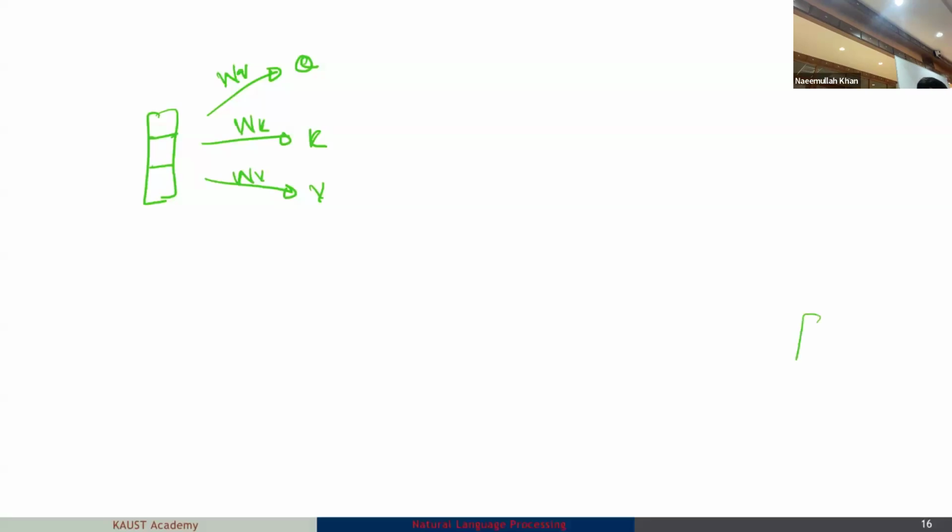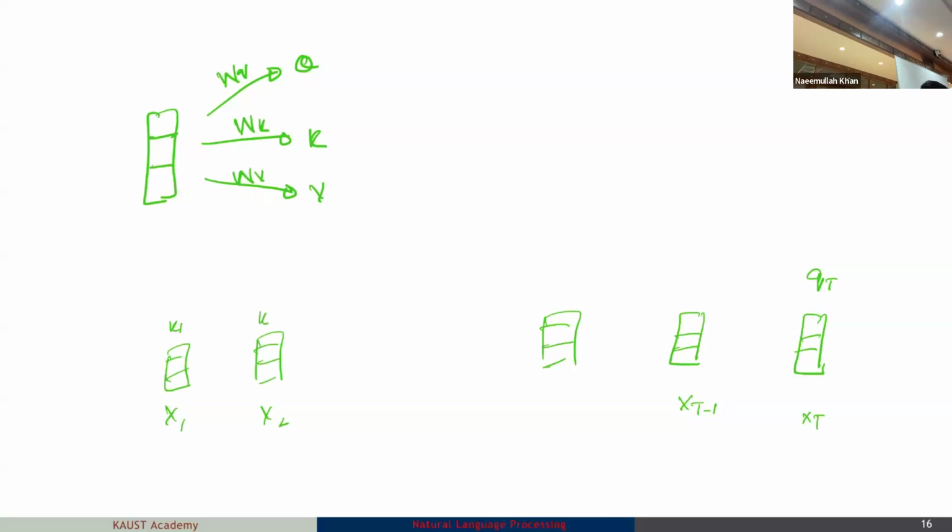So if I want to attend from time t to all previous times, what I will use is the query at time t, and I will take its dot product with the keys for all the previous times: key at time 1, key at time 2, key at time t minus 1, and key at time t. So essentially, I will have the dot product of the query at time t with the keys at all the previous times.